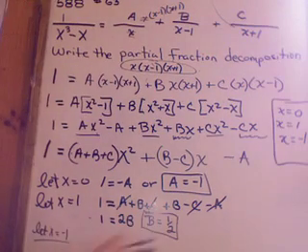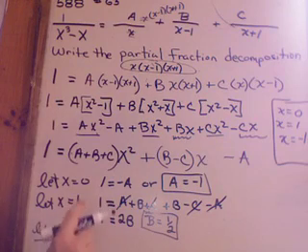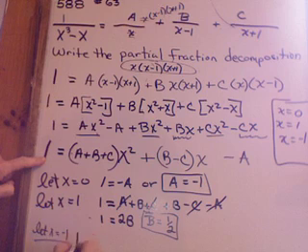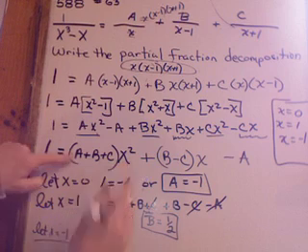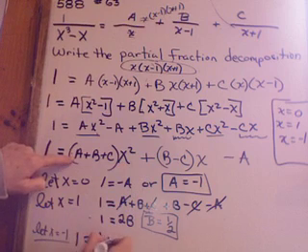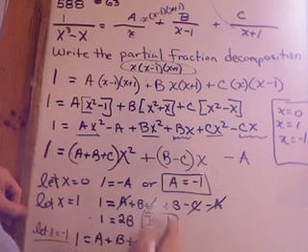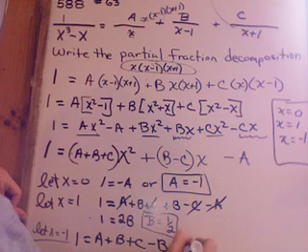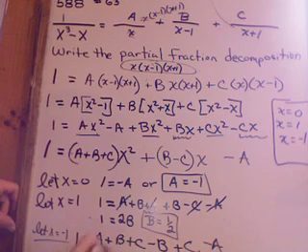Okay, one more part here. Let x equals -1. So when x is -1, let's start off with 1 equals -1 squared is 1. So this is a plus b plus c. -1 times b is minus b. -1 times minus c is plus c minus a. And then again, combine like terms.